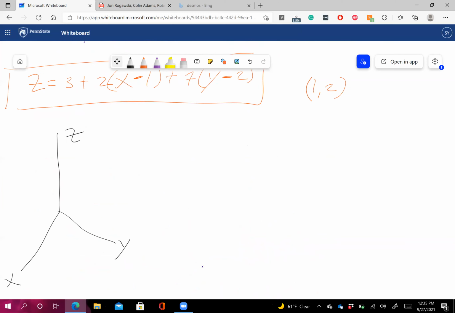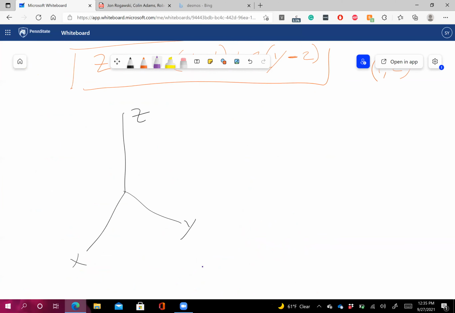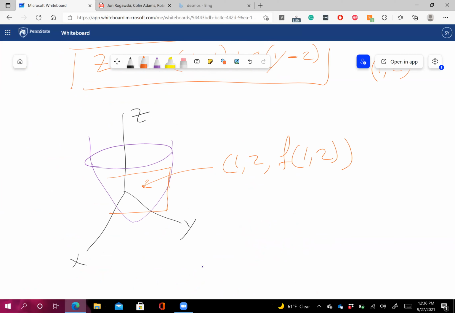And at the point (1, 2), that would be this point here, let's say. So this is the point (1, 2, f of (1, 2)). We have a tangent plane that looks something like that. And this is the equation of that tangent plane.